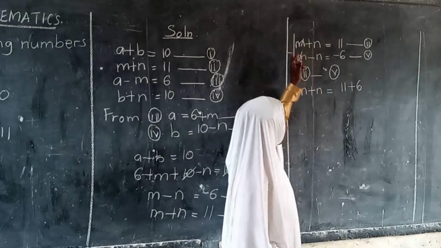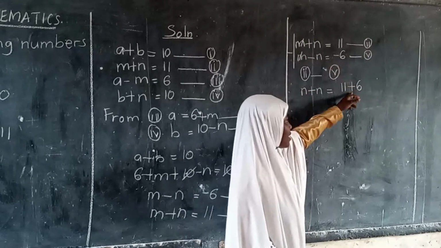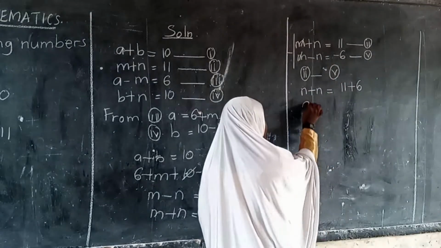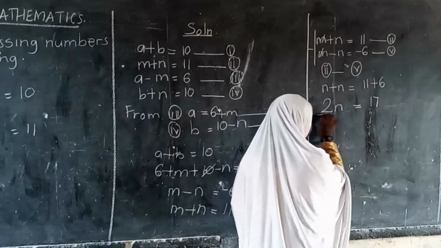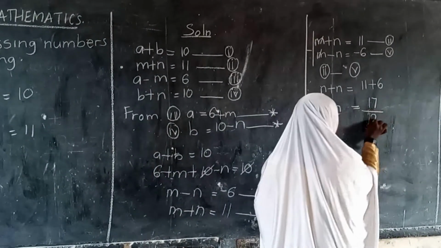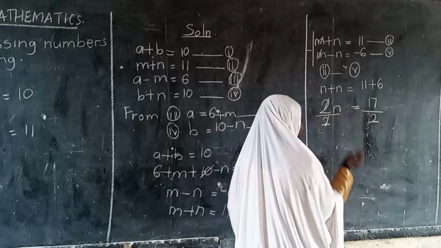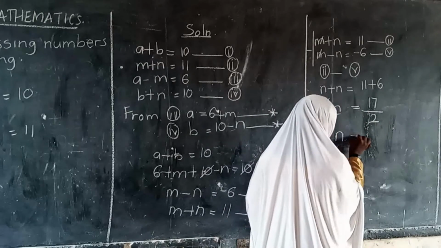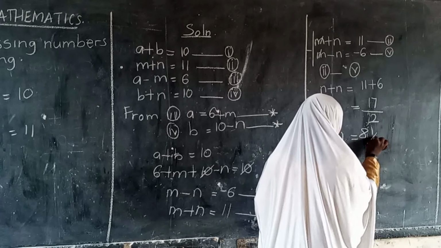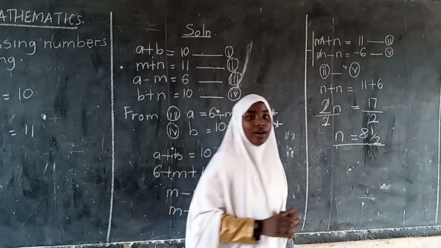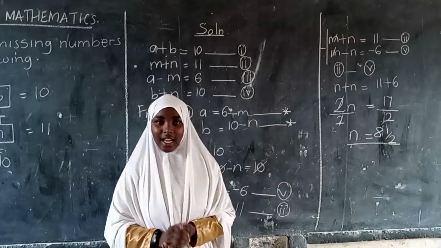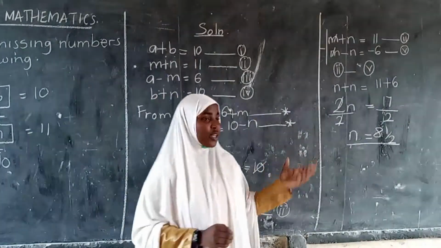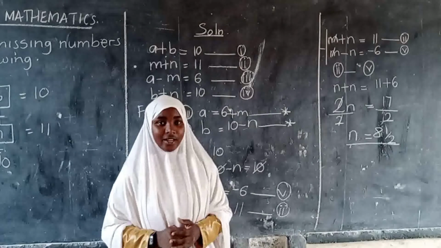It is 11 minus negative 6, the same as positive. So this is 2N is equal to 17. We divide by 2 both sides in order to get the value of N. So N is equal to 8.5. Wow. Now we have the value of N. This value will help us to find the value of other unknowns.